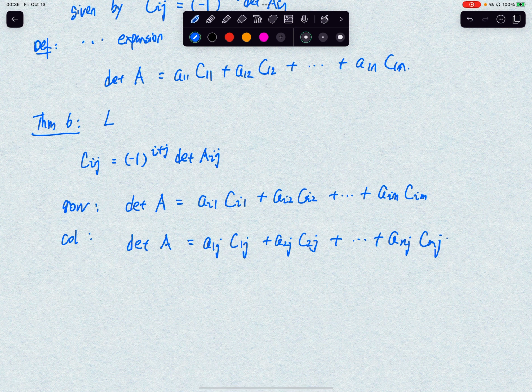And this theorem is called the Laplace expansion. In fact, we have a more complex version of this, but since we are concerned more with the calculation of matrices, we do not introduce that one.